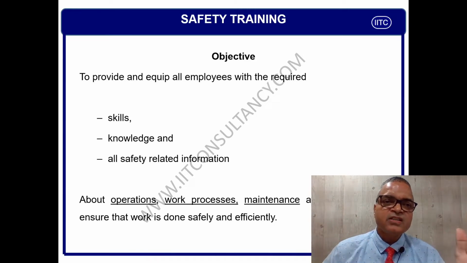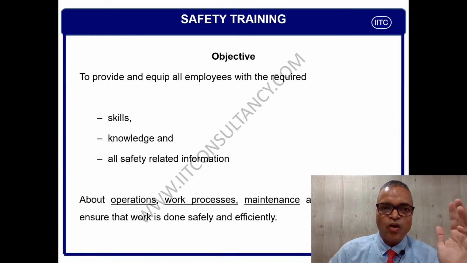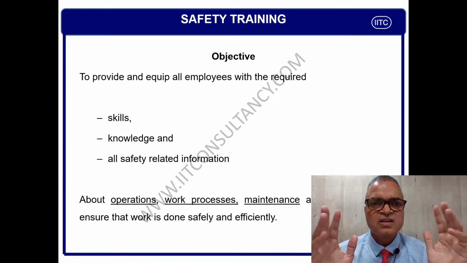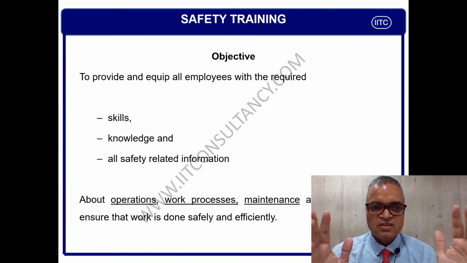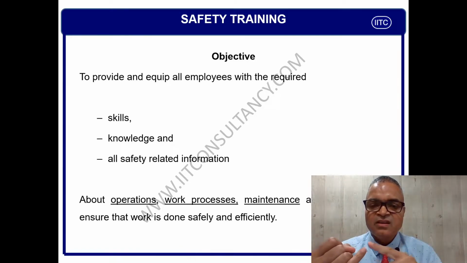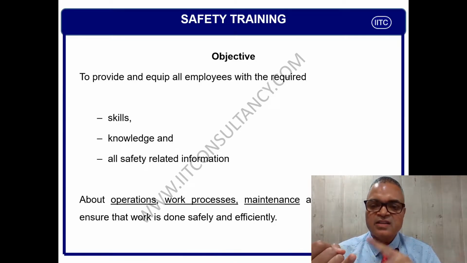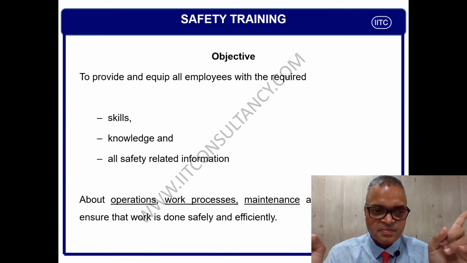Now guys, what is the objective of this element? To provide and equip all the employees with the required skill, knowledge and safety related information. The purpose is that the right skill, right knowledge, right competence and right information are with the right person.